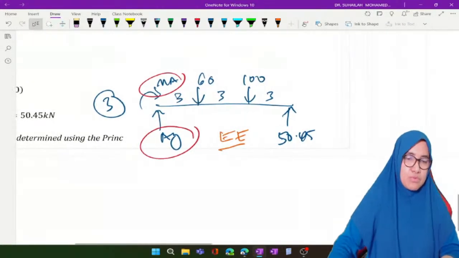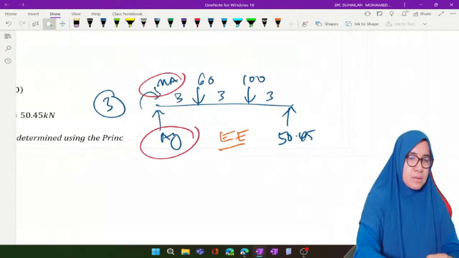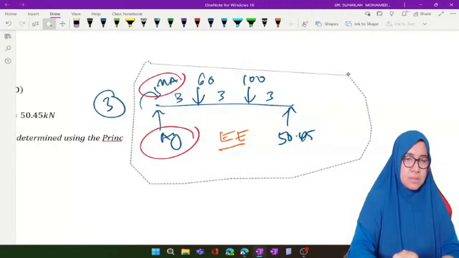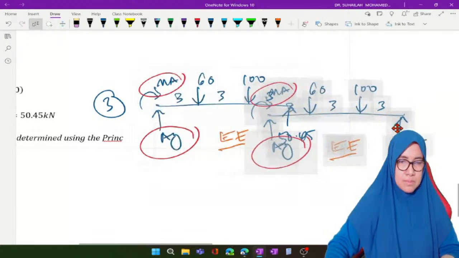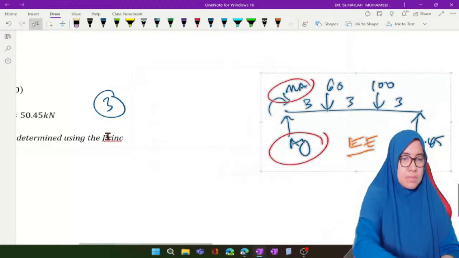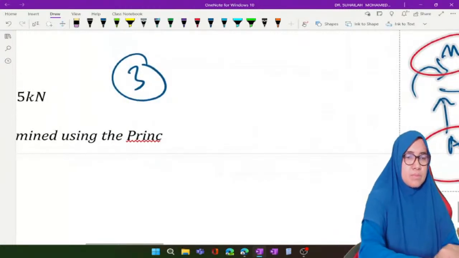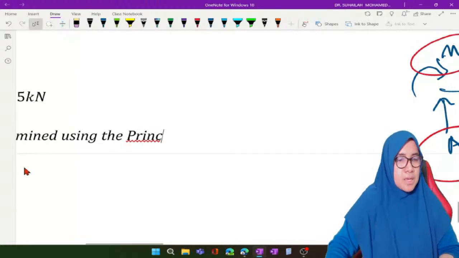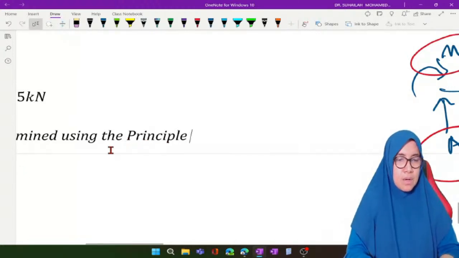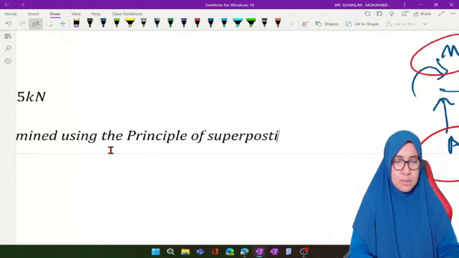I have to move this diagram. Principle of superposition.